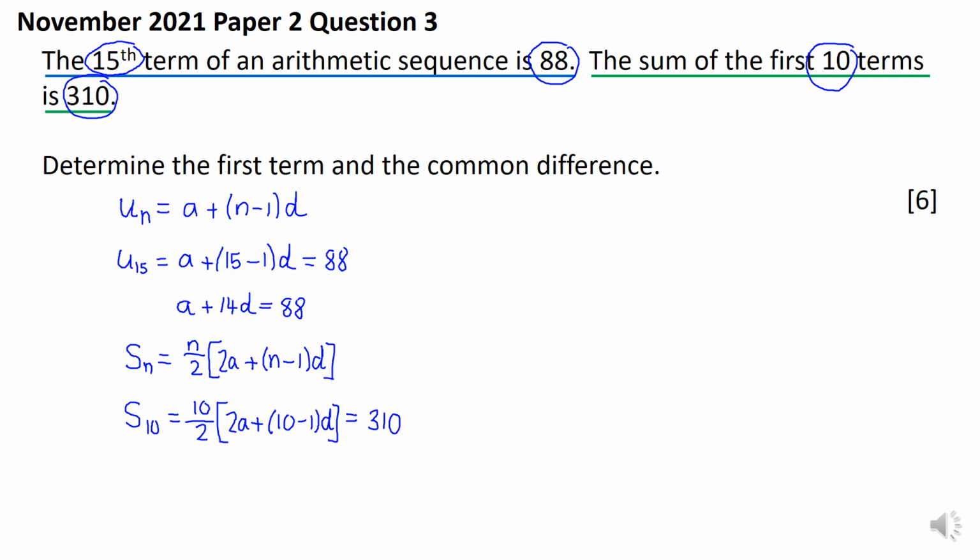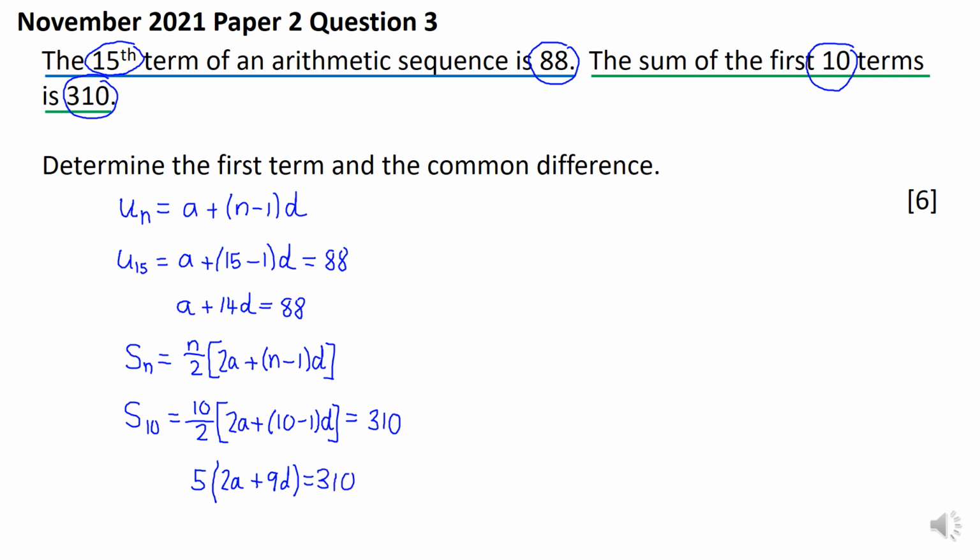Right, we can simplify this slightly. 10 divided by 2 gives us 5, and then in brackets 2a plus 10 minus 1, 9 times d, and that's equal to 310. So I'll move to the right now.